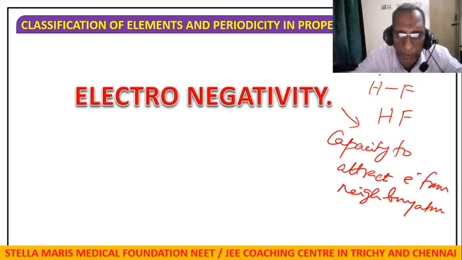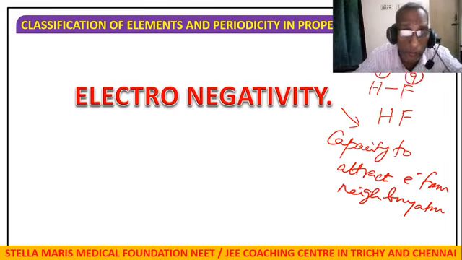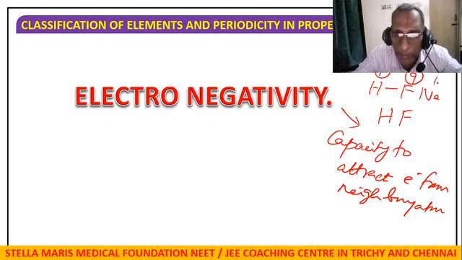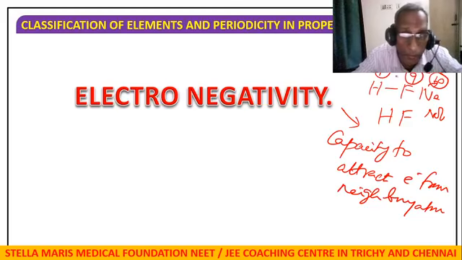Hydrogen has only 1 electron, but fluorine has 9 electrons. The next inert gas to fluorine is neon. Fluorine will tend to attain this neon configuration because of noble nature. It will attract a hydrogen's electron. Hydrogen miserably contains only 1 electron. So that is called electronegativity. So electronegativity is the capacity or power of attraction to neighboring electron.